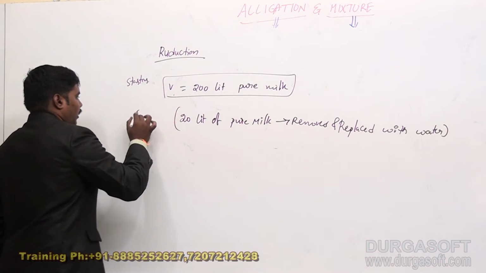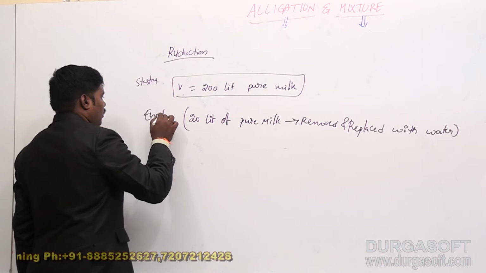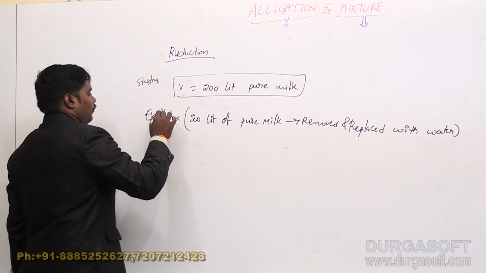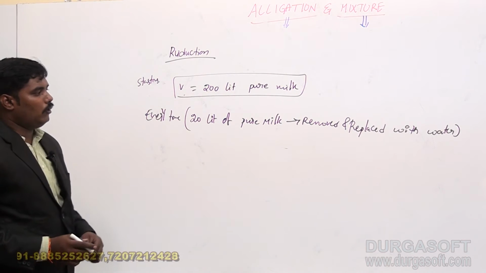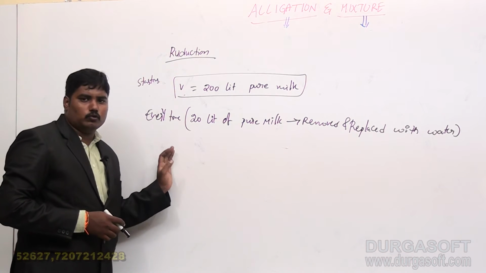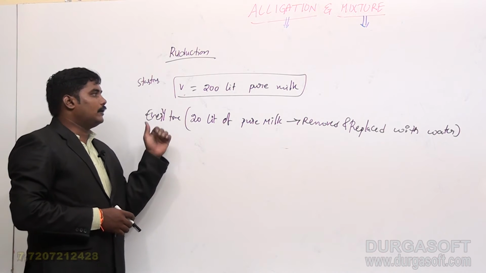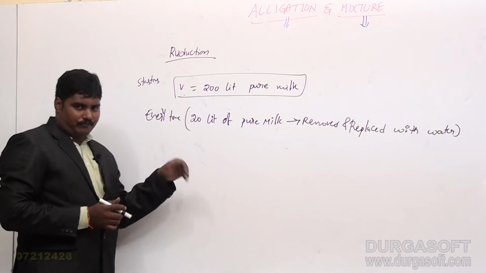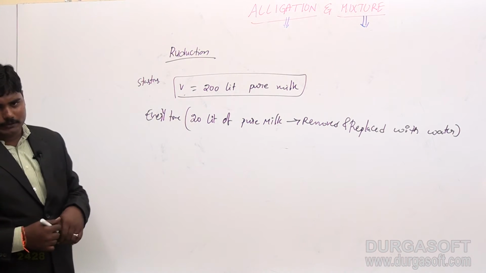Every time 20 liters of pure milk was removed and replaced with water. If it is done 2 times, what is the milk content in that mixture? If it is done 3 times, what is the milk content in that mixture?